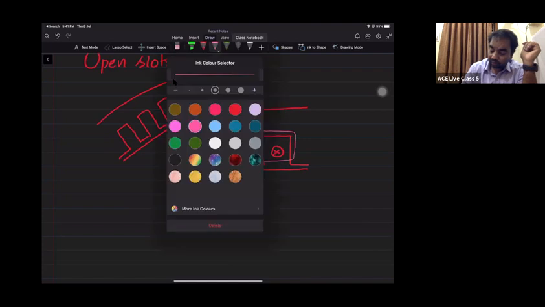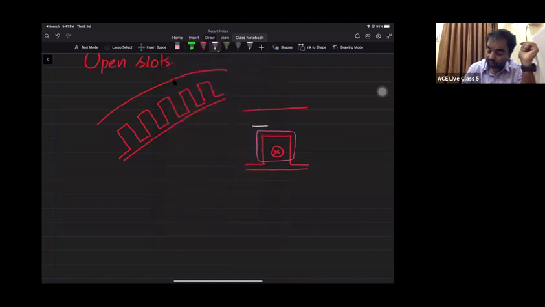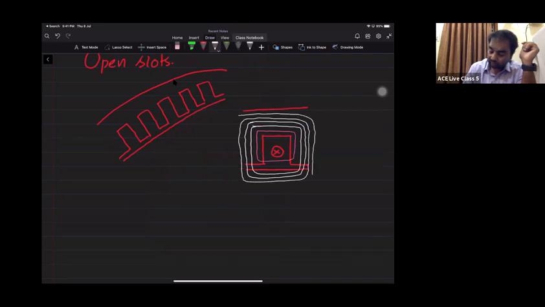Mutual flux lines will be more here. I am just talking with respect to the flux lines. You can understand that. See, no textbook will explain all this, so please try to understand. Mutual flux lines are more.